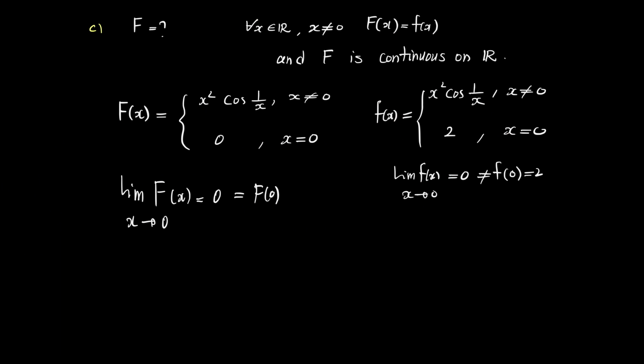By the way, the function capital F is also continuous everywhere else, because the only problematic point is x equals 0. If x is not equal to 0, the function follows this rule: x squared is a polynomial function, and it is continuous. If x is not equal to 0, 1 over x is also continuous, and the cosine function is also continuous.